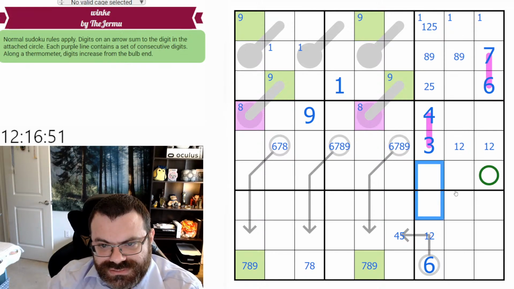And so then this, we have 1, 2, 3, 4, 5, 6. So these are from 7, 8, 9.